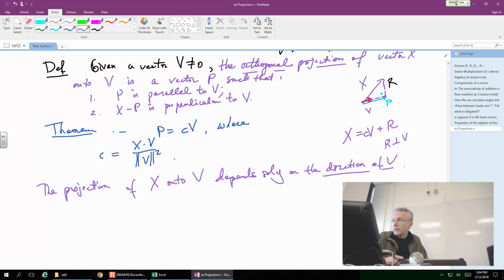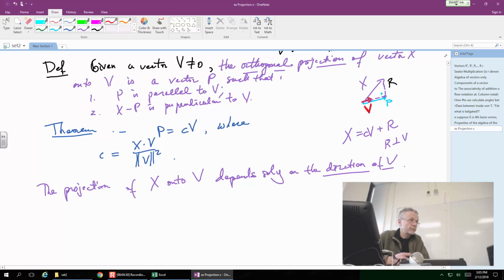The picture on the right certainly suggests that it is supposed to be the case. It's by design. Imagine that in the picture on the right, you double the size of the vector V. You see the red vector? That's my V on the right. If I double it, what happens?